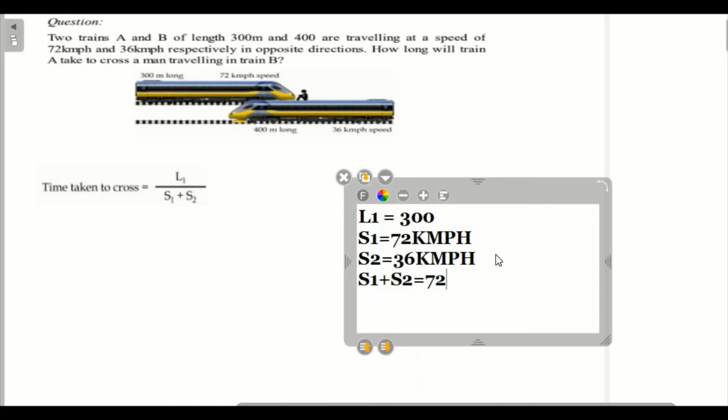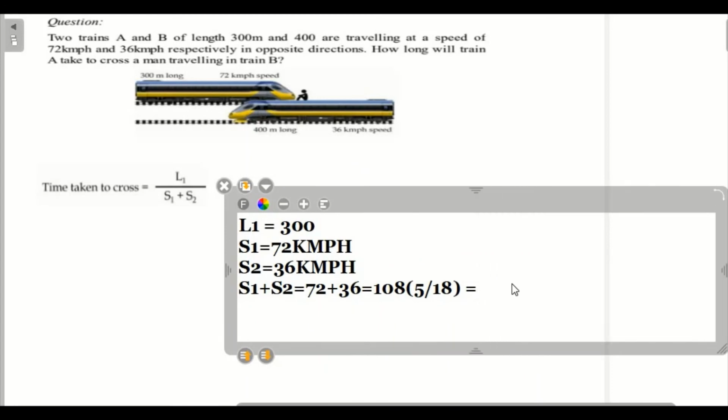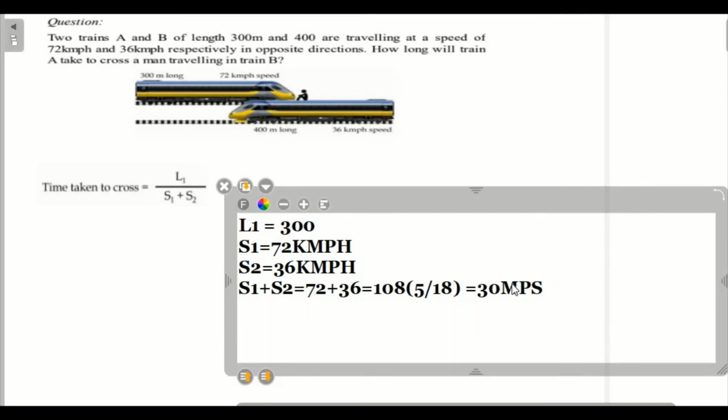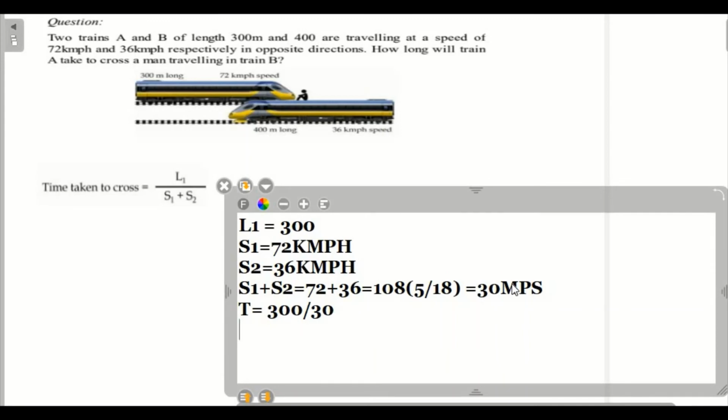So it is 72 plus 36 is equal to 108. So times 5 by 18, okay, is equal to 30 mps. Then we have to use it in the formula for time calculation. T is equal to 300 by 30. So the person takes 10 seconds to cross.